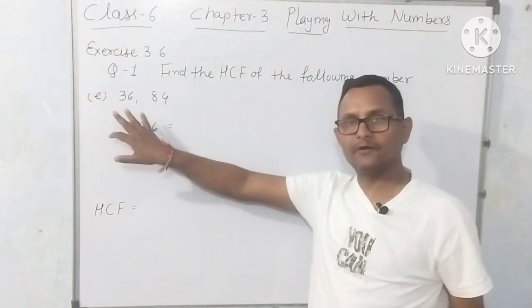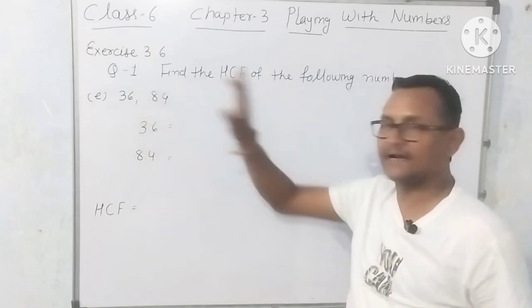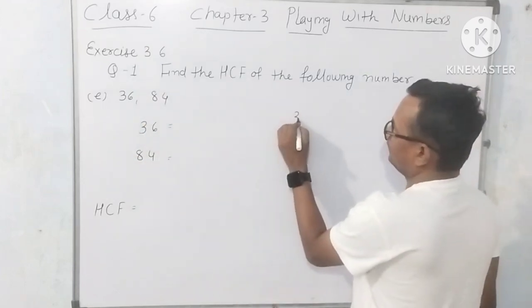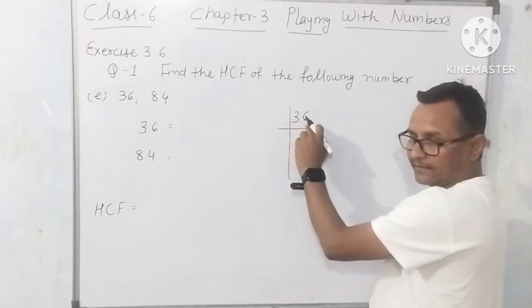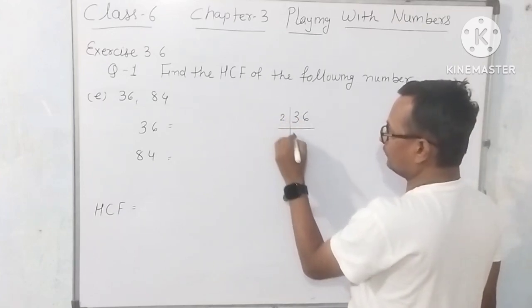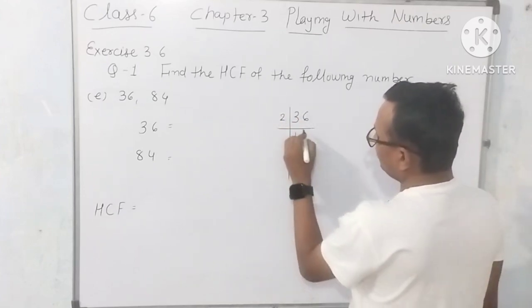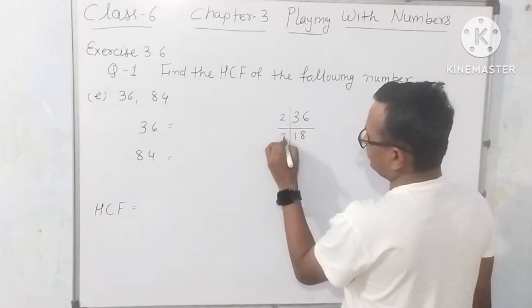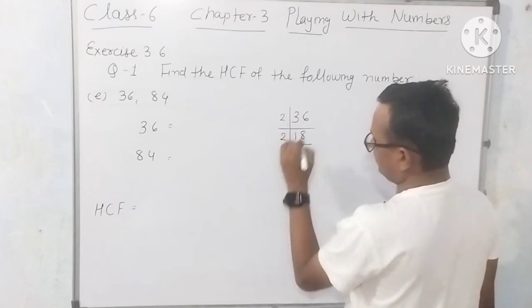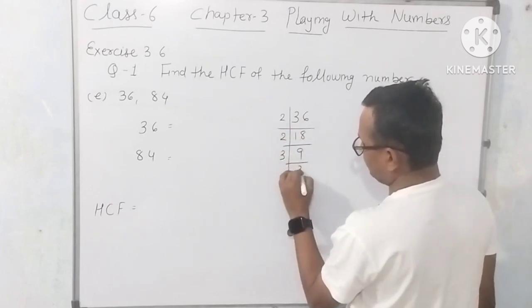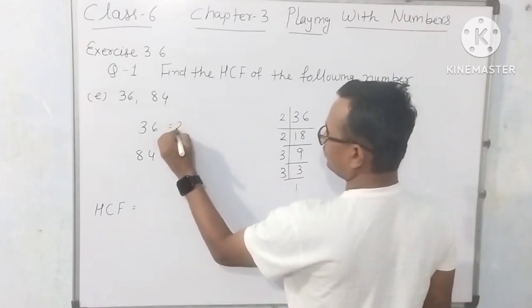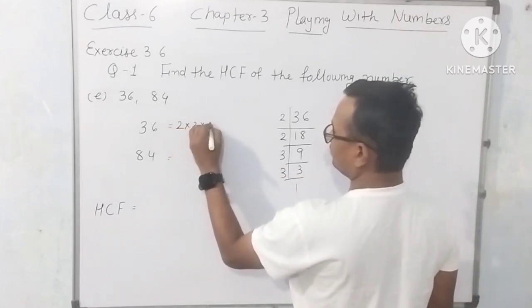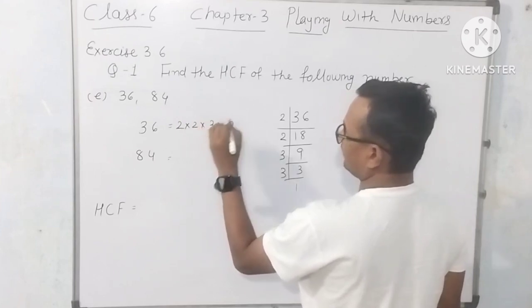Part E, again we do the same thing for 36 and 84. The last digit is an even number, so it is divisible by 2. 2 1s are 2, 2 8s are 16, 2 9s are 18, 3 3s are 9, 3 1s are 3. So you can write 2 into 2 into 3 into 3.